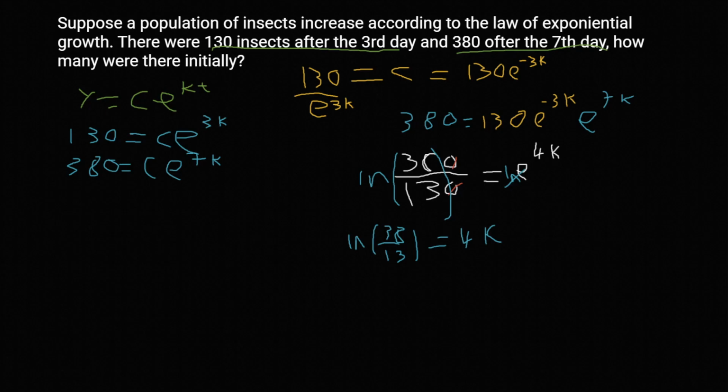Here we can divide both sides by 4 and type this into our calculator to get that k is approximately 0.268. I'll go to three decimal points there. And so now we know our exact k value, and we can rewrite it in this generic equation.